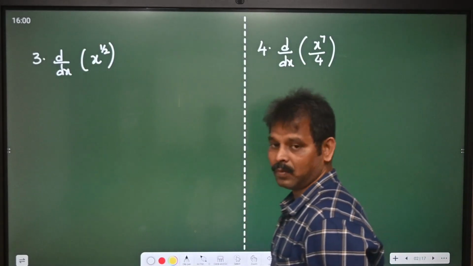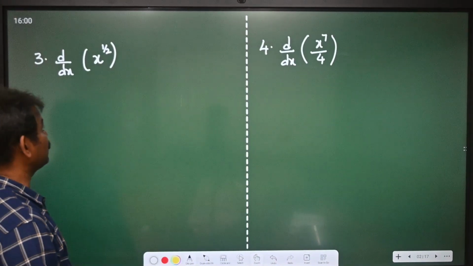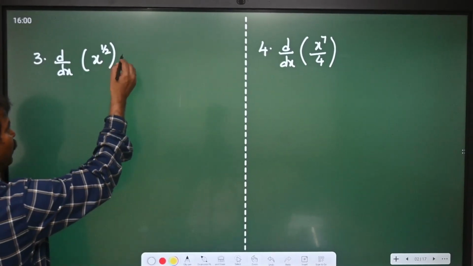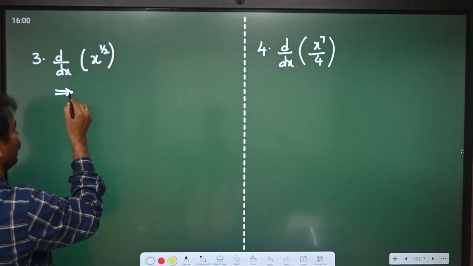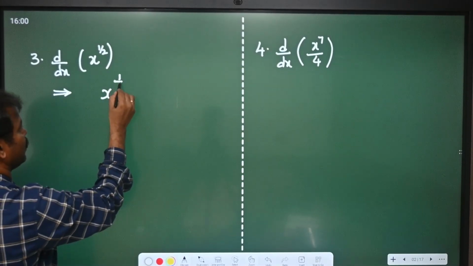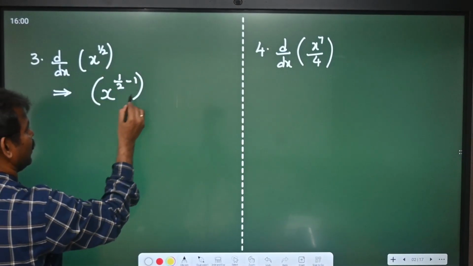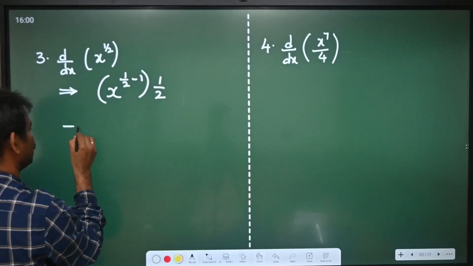Now the next problem, d by dx of x power 1 by 2. Here the power is already given, so the answer we can directly write: x power reduces by 1, multiplied with the same power.